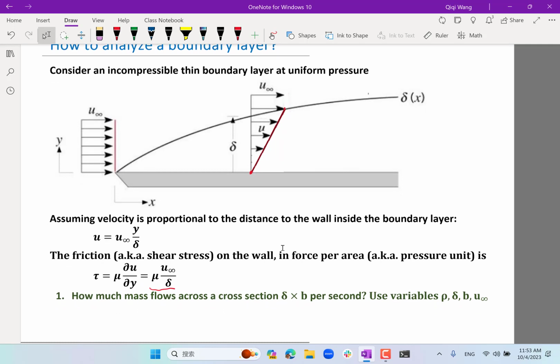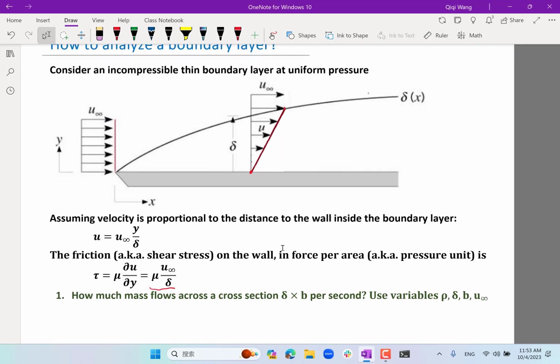Okay, so first question is how much flow crosses this cross section, right? This cross section from the wall to a height of delta in which the velocity varies, times a span. So the span is going to be in the direction normal to the screen. How much mass flows across that area per second? How do you compute mass flow per second?